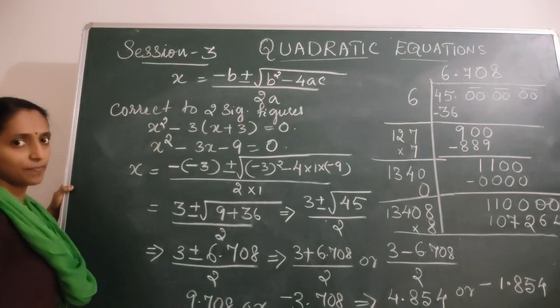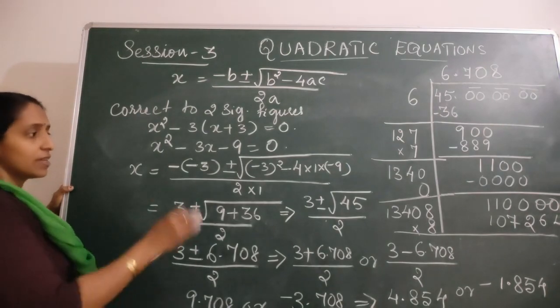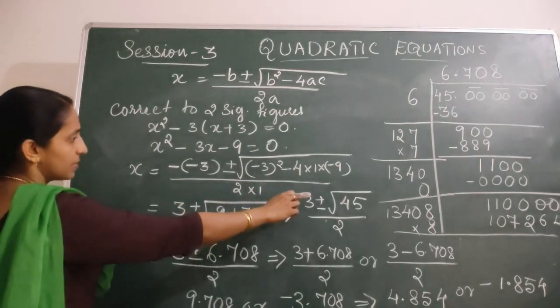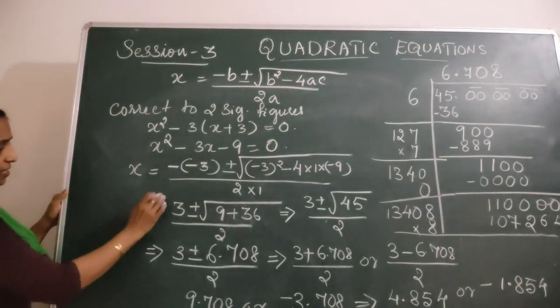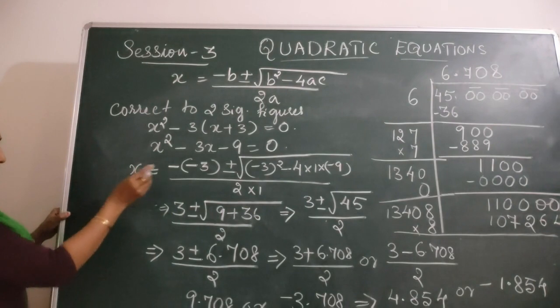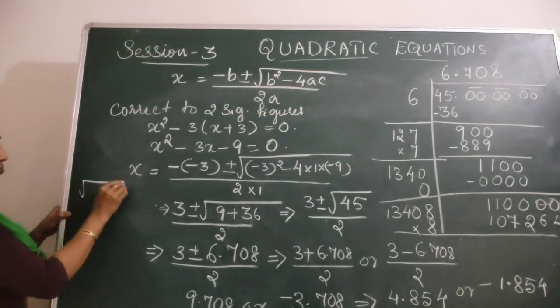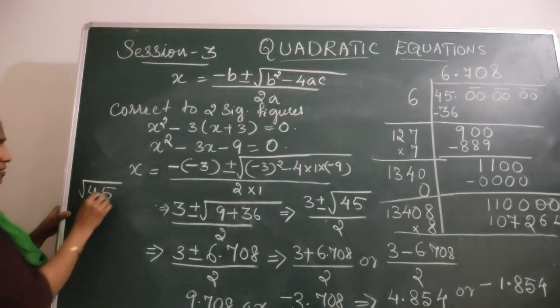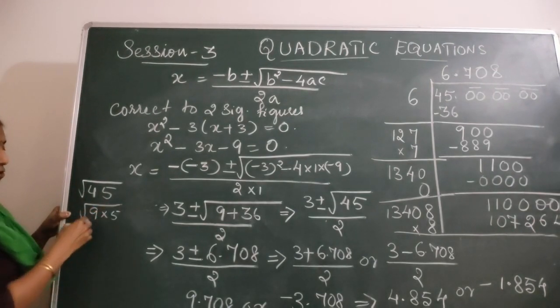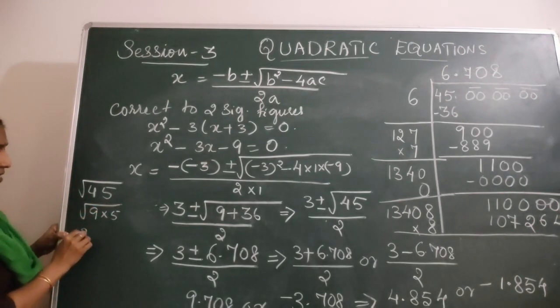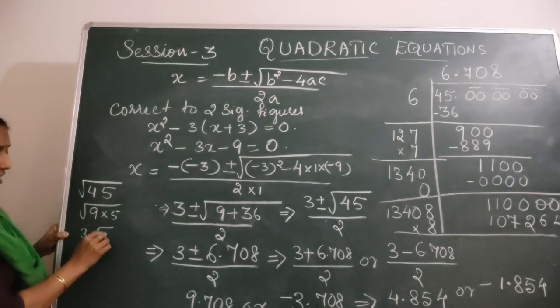Concept is clear. Alright. So as I have told you, this under root 45, I am just showing here, you can write as root 9 into 5. Root 9 value is 3. So 3 root 5 you can write.